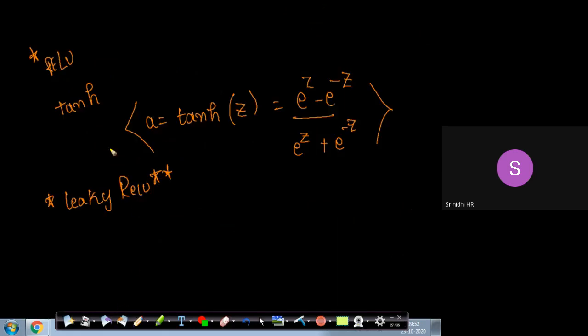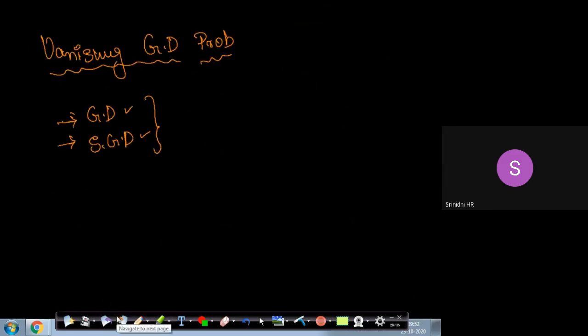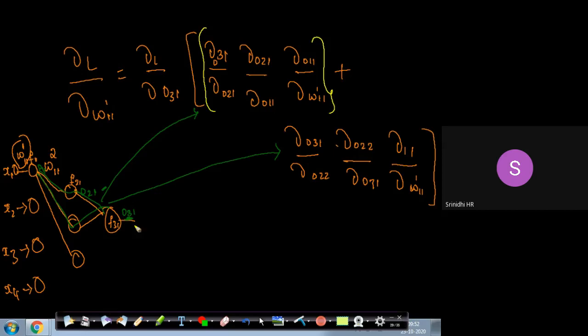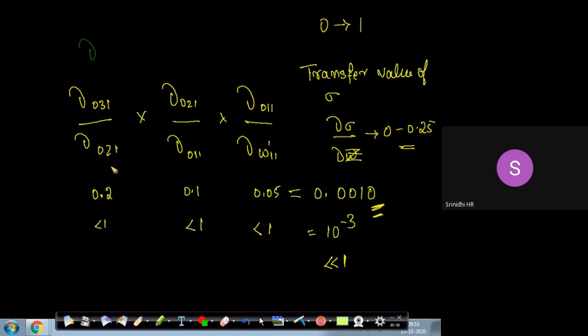After this, we also have the tan function. I wrote the formula for the tan function. Then we studied what the vanishing gradient descent problem is. What is the difference with respect to gradient descent? I considered three situations. We took one particular instance and wrote the possible values.